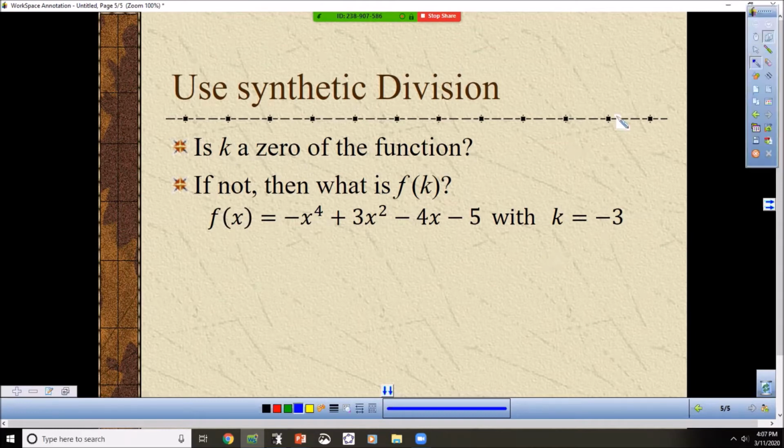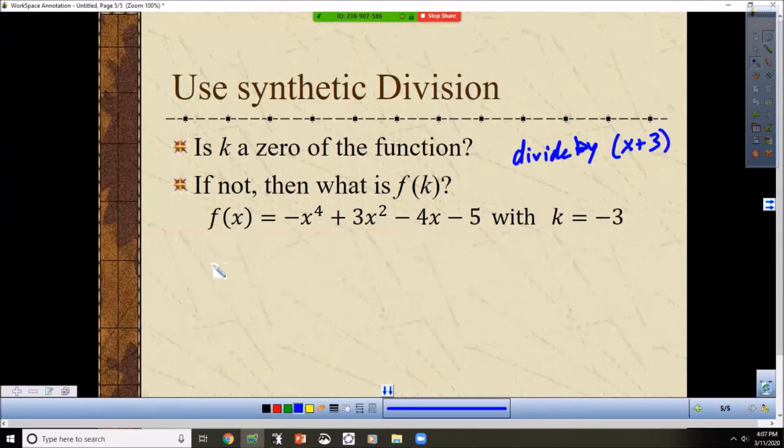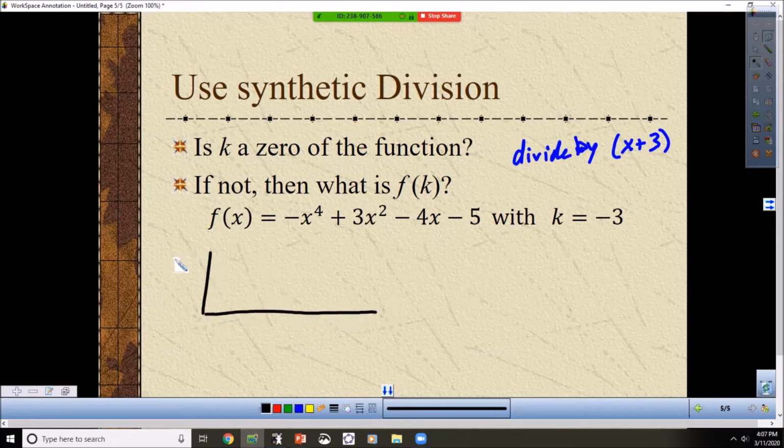Now remember, that would be the same as dividing by the quantity x plus 3. So let's see how we do this synthetic division. I'll set up my guidelines here. Negative 3 is the value of k.